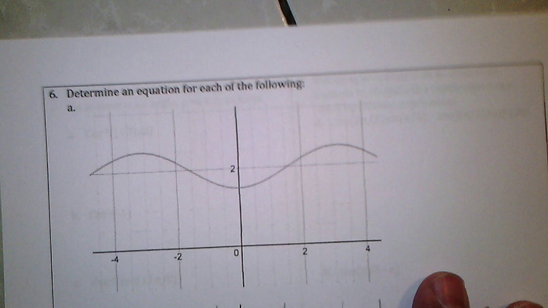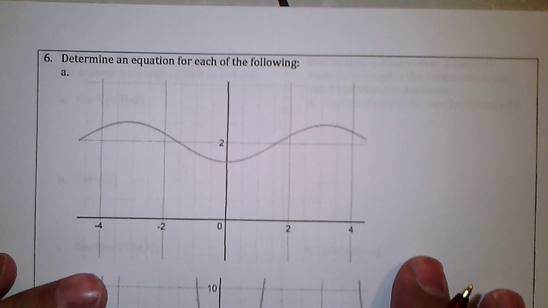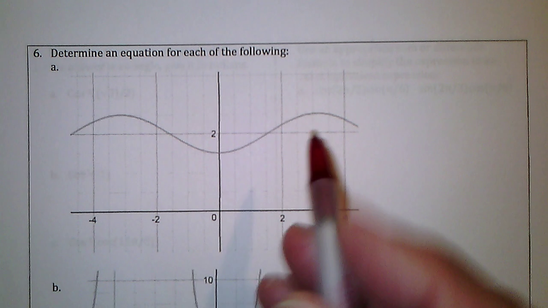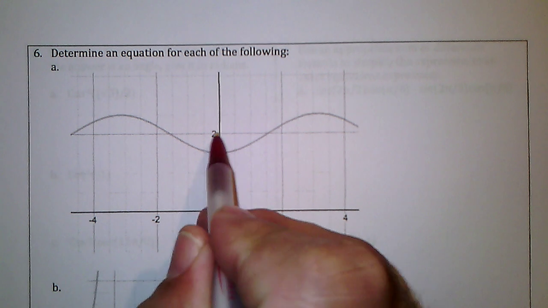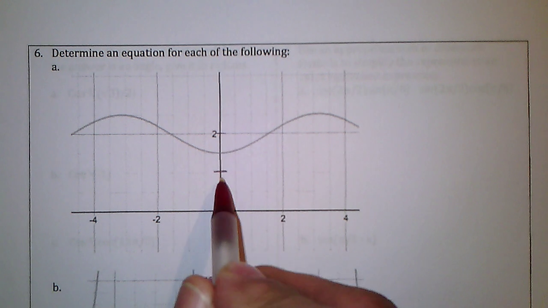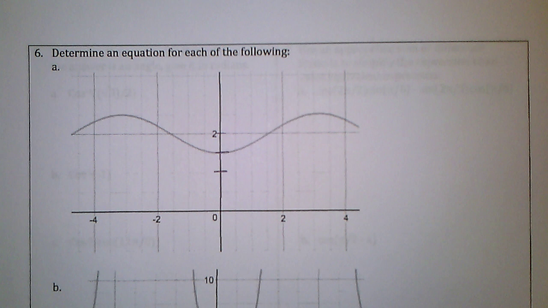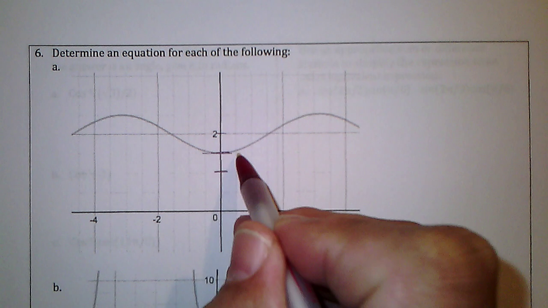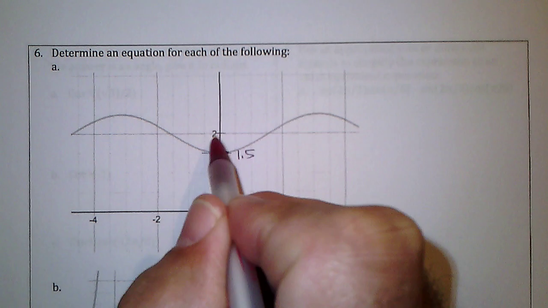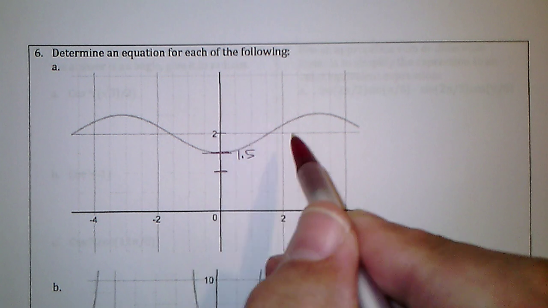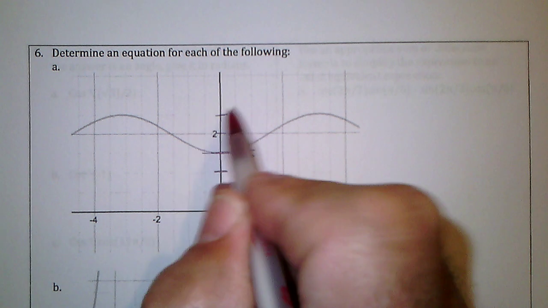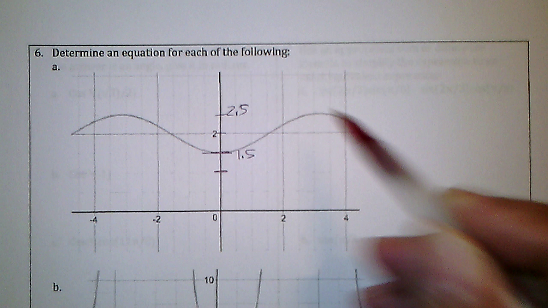Determine the equation for this. All right, so if this is 2, this is 1, and this looks like 1.5 is the low, and the max looks like 2.5.